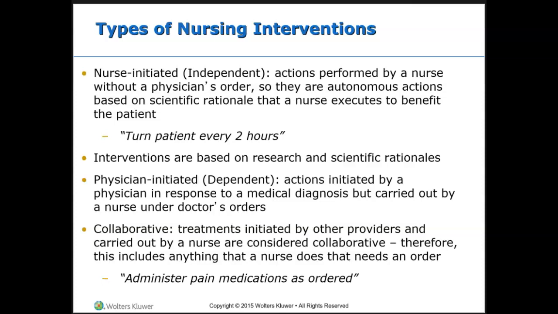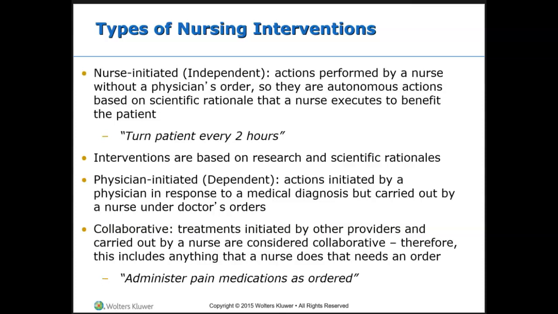So this has already been created, a whole list of nursing interventions based on their classification. So please don't make it harder than it already is, because it is complex, but use the tools that are already out there created for you to streamline that process and make it more accurate.